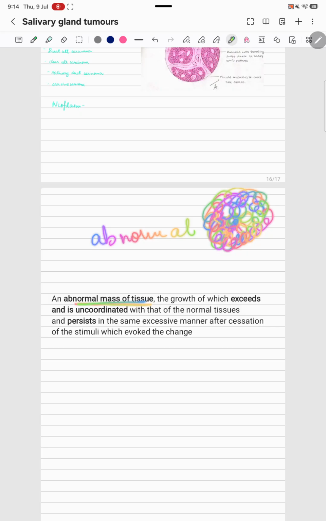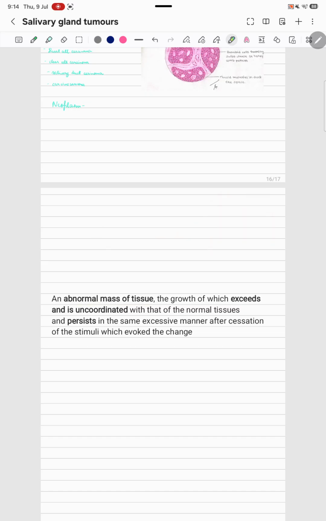So there is a stimulus which is applied, and then there is an abnormal growth which exceeds and is uncoordinated with the normal tissue, which persists even after removal of the stimuli which evoked it, right? So that is the definition.